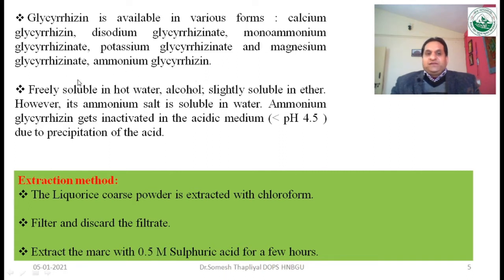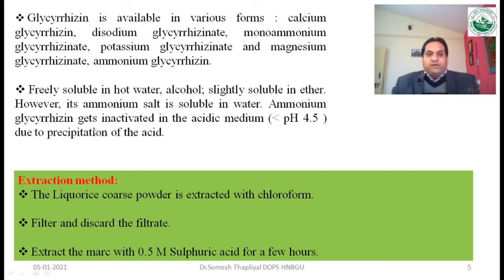If you see the solubility pattern of this drug, you will find that it is freely soluble in hot water and alcohol, whereas slightly soluble in ether. However, its ammonium salt is soluble in water, meaning it is soluble in cold water, because the drug itself is freely soluble only in hot water.